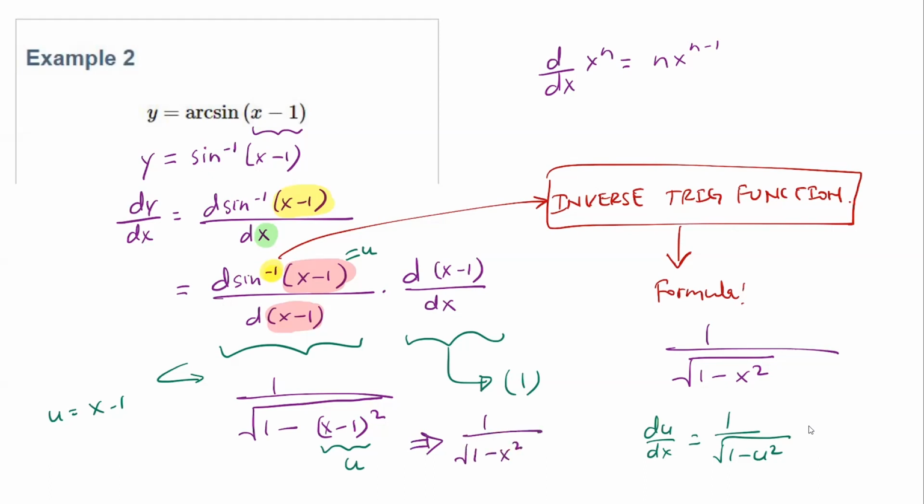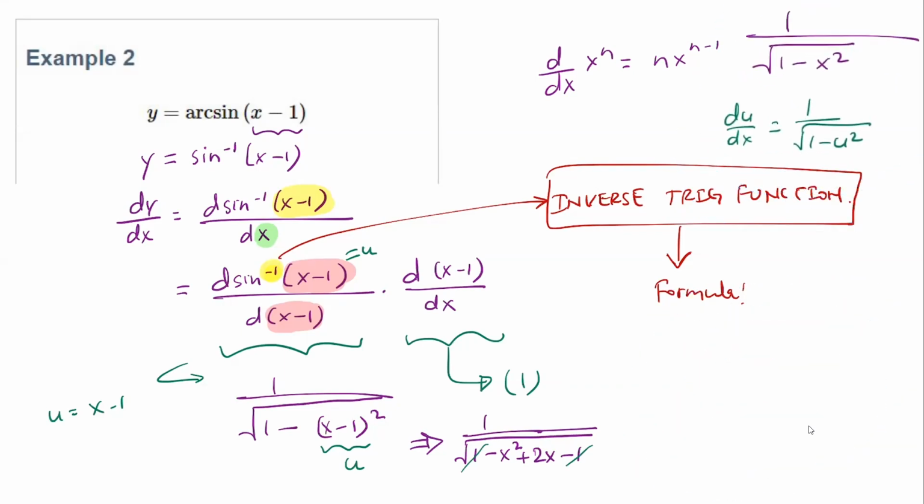We're going to expand this term right here. So 1 over x squared minus or plus 2x minus 1, right? Immediately we could cancel these two. So this can be written as 1 over square root of 2x minus x squared, right?